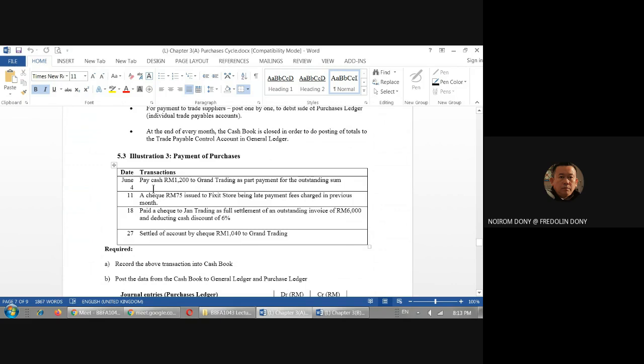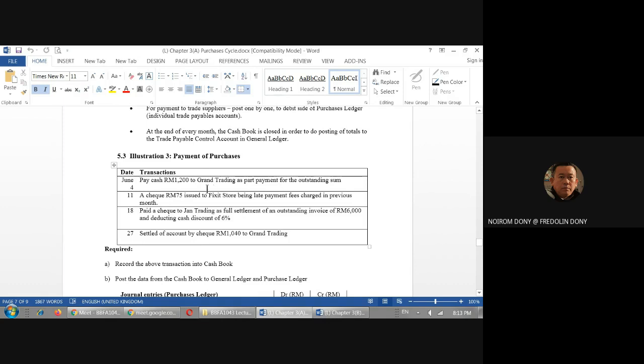Now, this is the transaction. June 4th, pay cash 1,200 to Grand Trading as part payment for the outstanding sum. As you read the information, can you see any specification of what the payment is for? It's very general, isn't it, for the outstanding sum? If that's the case, this is a trading item.